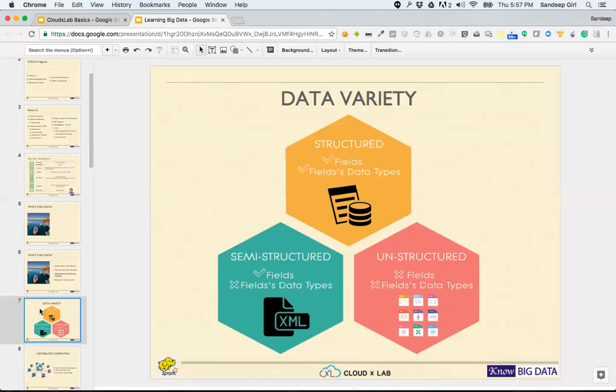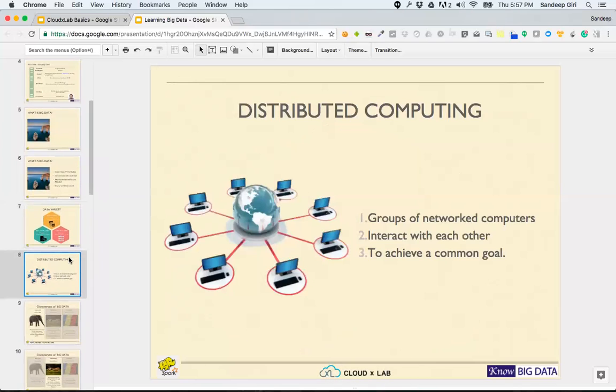All right, the next question you might have in mind is, we talked about distributed computing, what does it mean? Distributed computing means a group of networked computers interacting with each other to achieve a common goal. Let me simplify: you take a few computers, connect them into a network, and use all these computers to solve a common goal.